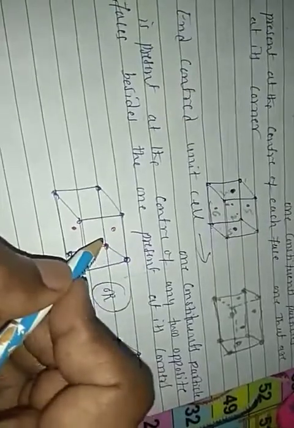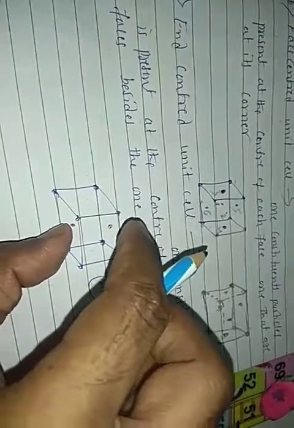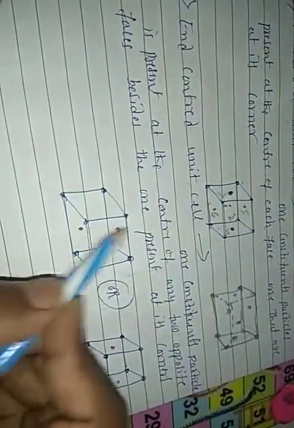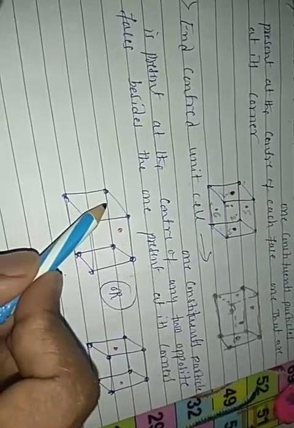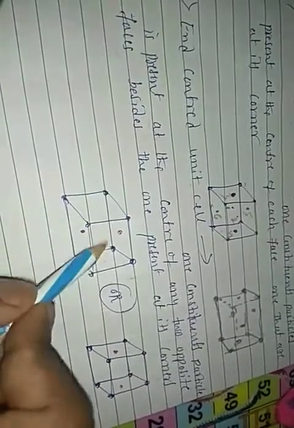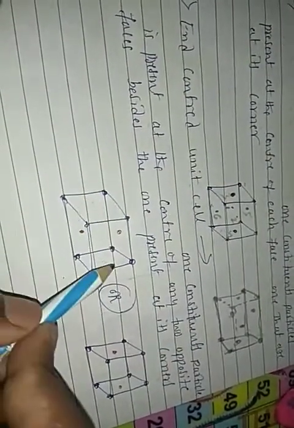Rear means back side. So any two constituent particles which are opposite to each other, only two, that is called end. Either you connect top and bottom, or left and right, or front and back.